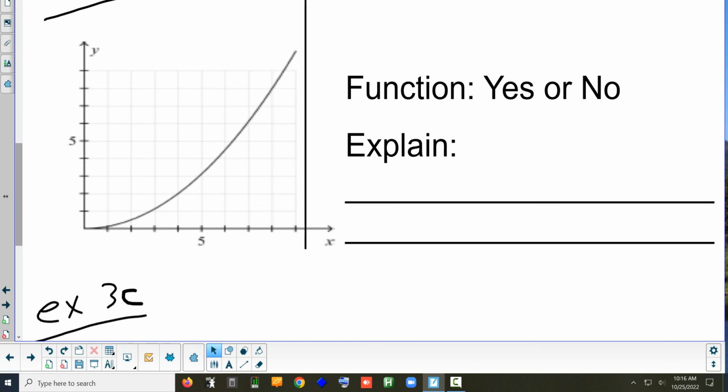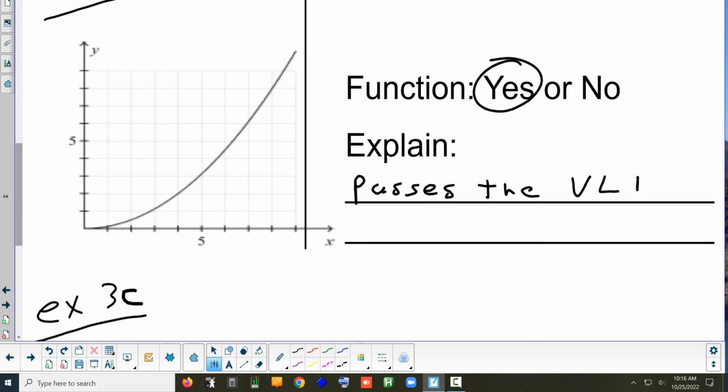So as we dragged it through, did the vertical line ever touch the curve twice at the same time? Yep. No. So then this is a function. The answer is yes, because it passes the vertical line test. So it passes the vertical line test. It has to be a vertical line. It's got to be up and down. That's very important.